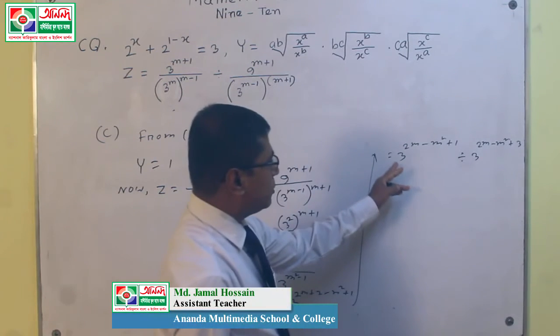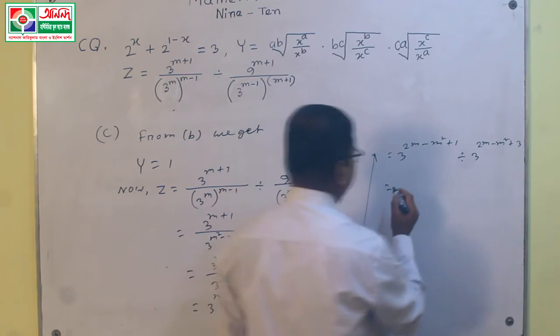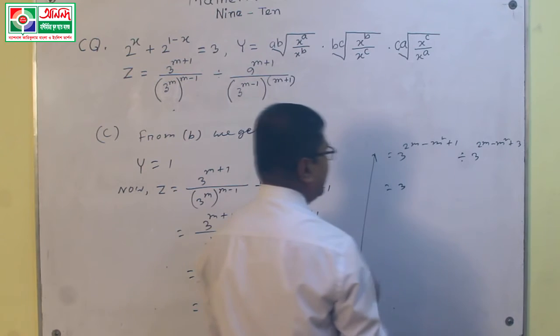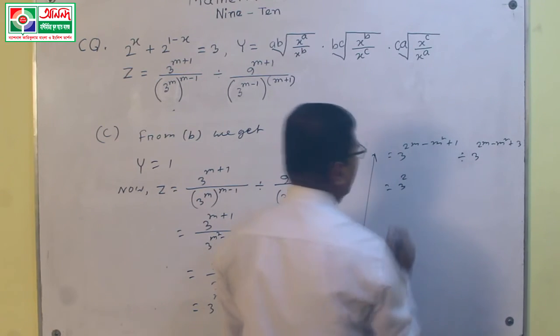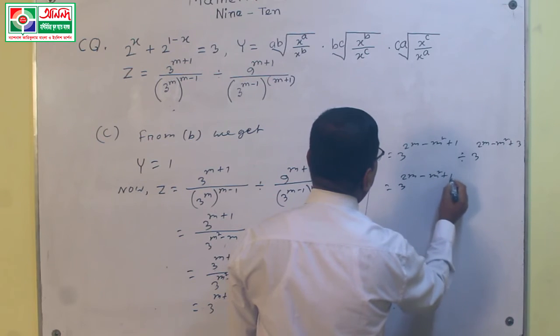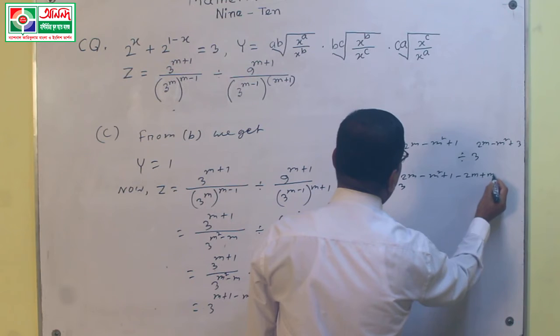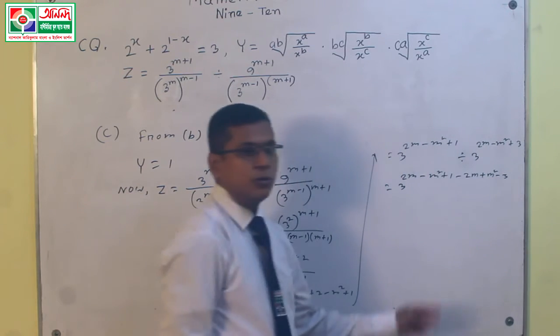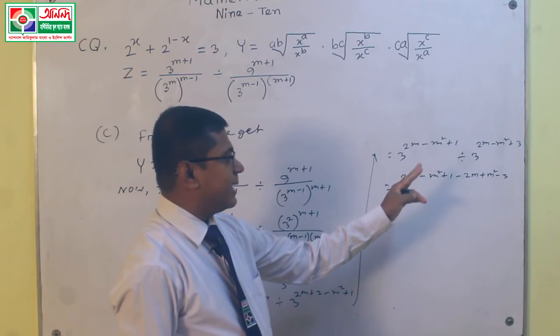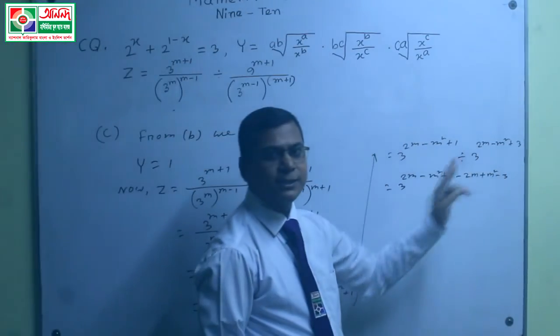Here look at, there are two bases and the division sign between them, so we can write only one base 3 and the power will be subtracted. So you can write here 2m minus m square plus 1 minus 2m plus m square minus 3, because if we multiply by minus then you can write here minus 2m plus m square minus 3.